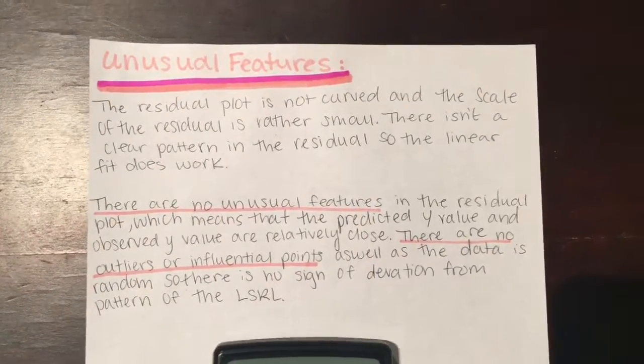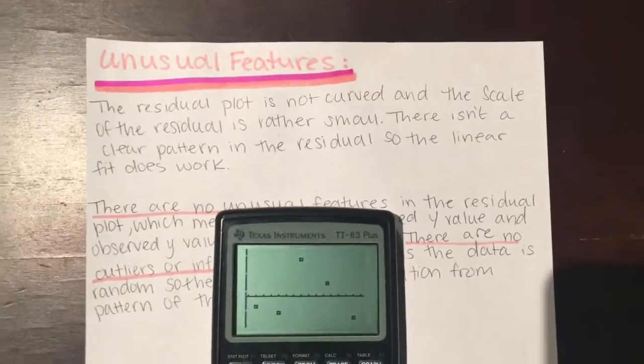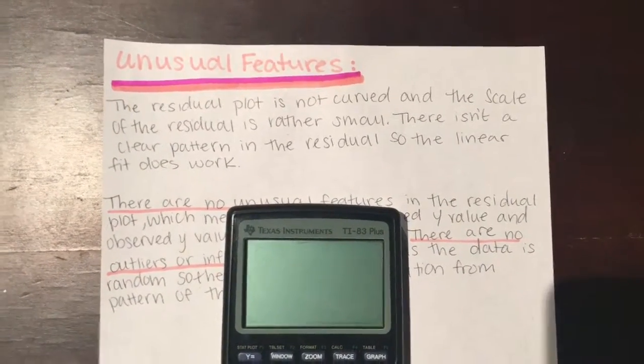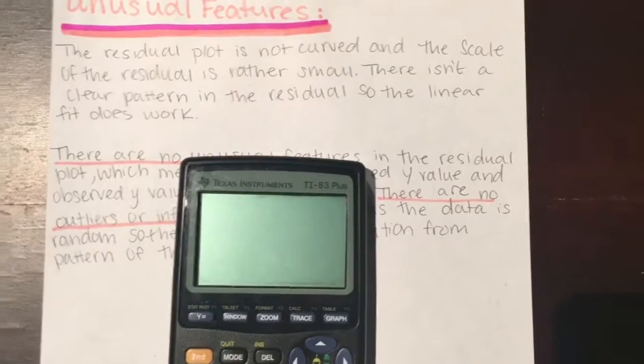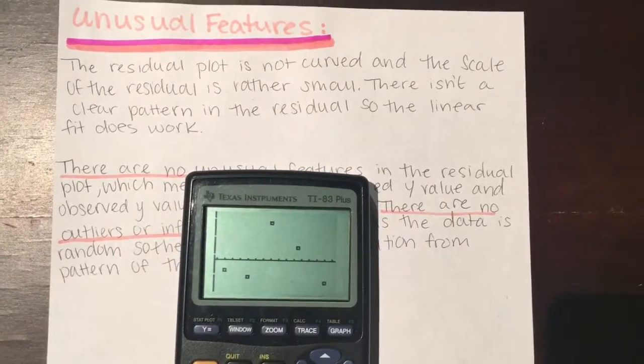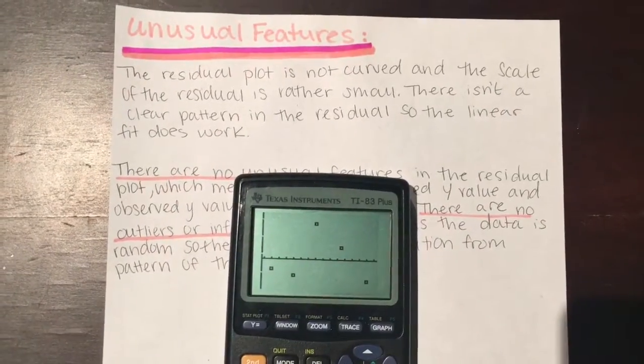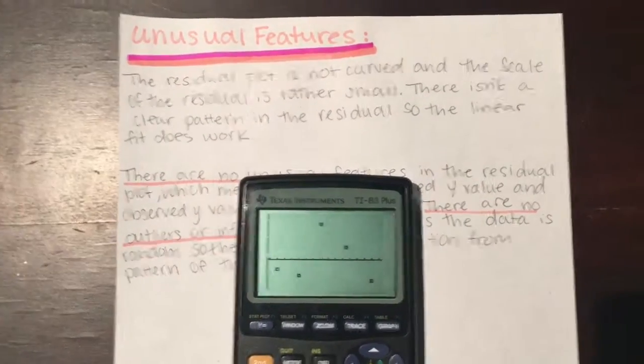Looking at the residual plot, I said that the residual plot is not curved and the scale of the residuals is rather small. There isn't a clear pattern in the residuals, so the linear fit does work.